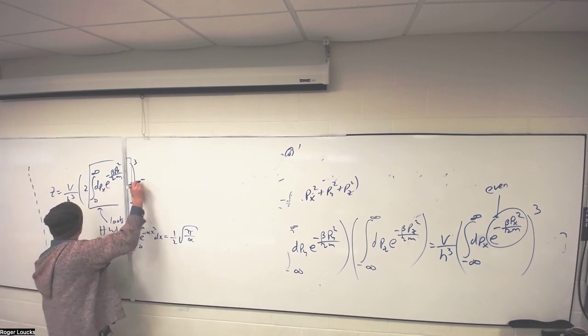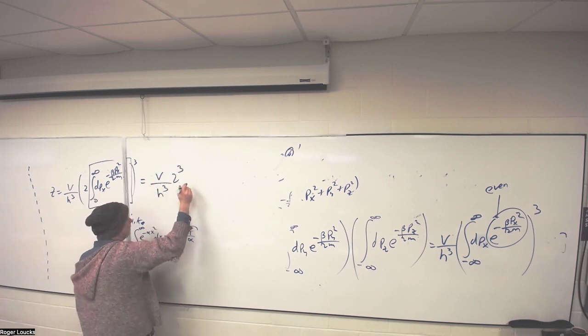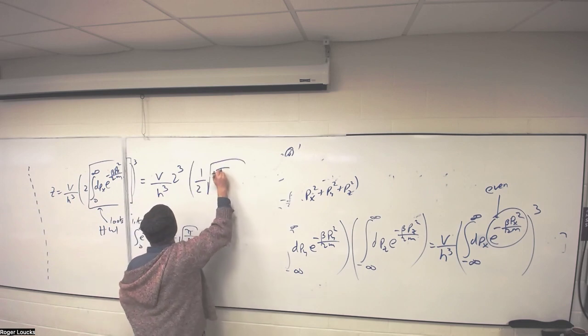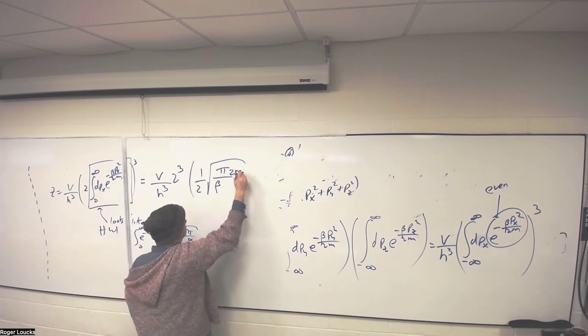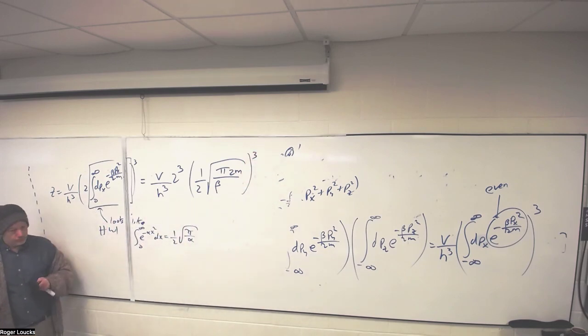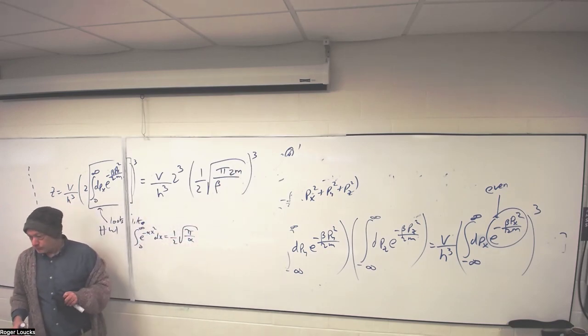So this whole thing becomes V over h cubed. I'm going to take out the 2 cubed here, times one half square root of pi over beta over 2m. I wrote the beta as k_B T last time, I'm going to keep beta up here.